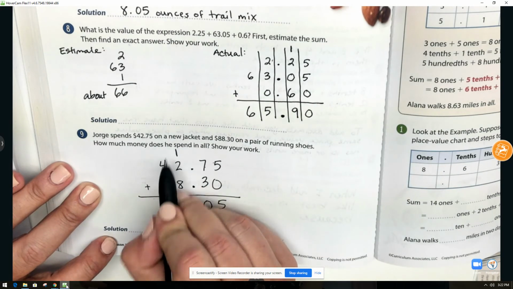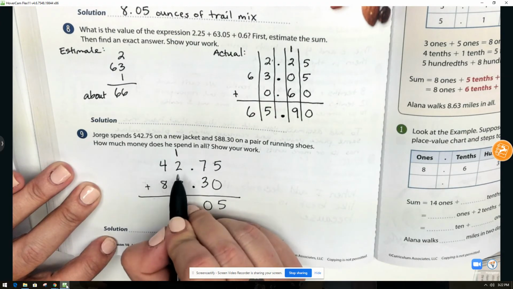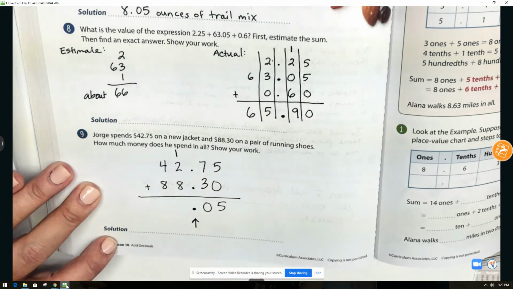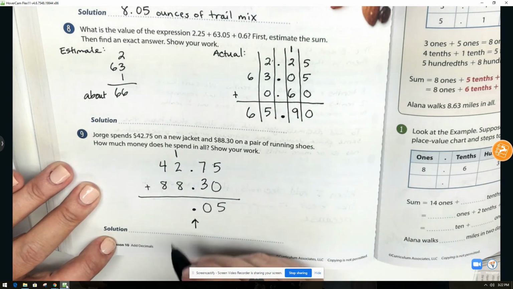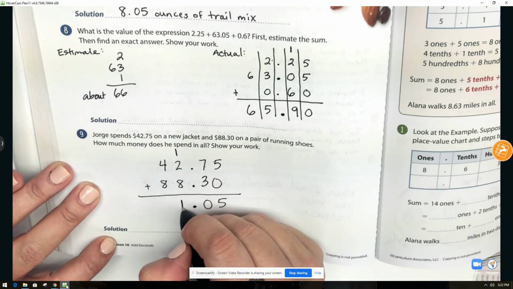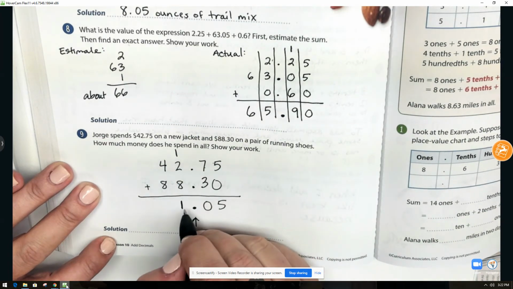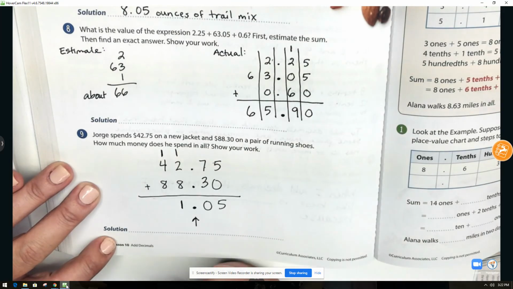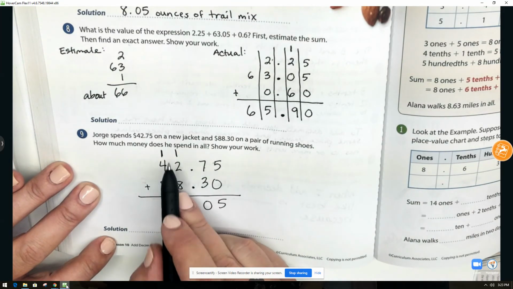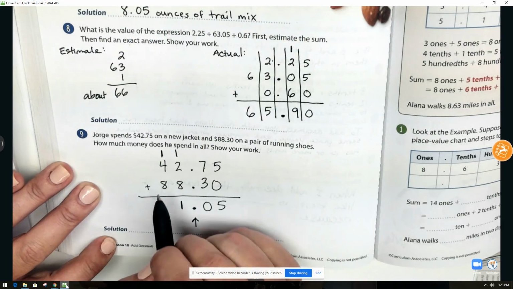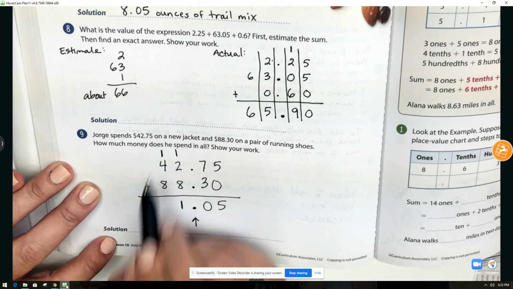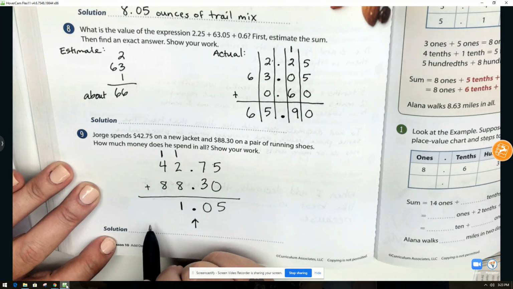Then we're going to add all of our ones. 1 plus 2 plus 8 is 11. We have 11 ones. And again, we can't have 11 in the ones place. So we're going to put our 1 down below, and then we're going to regroup and put one group of 10 up above the tens, because 10 plus 1 is 11. Now we're going to add our tens place. We have 8 plus 4 plus 1, which is 13.